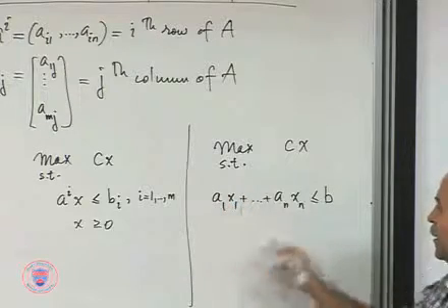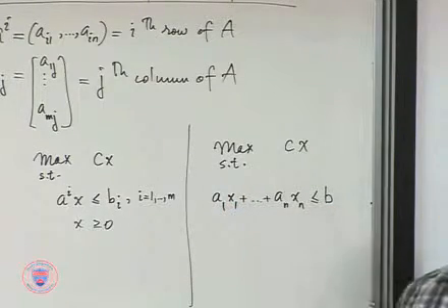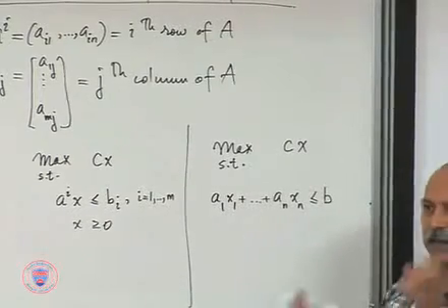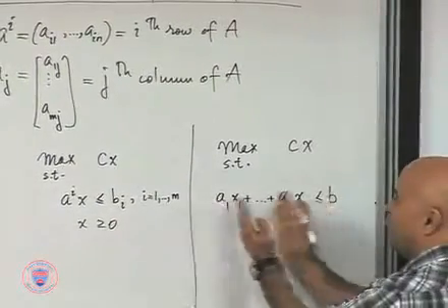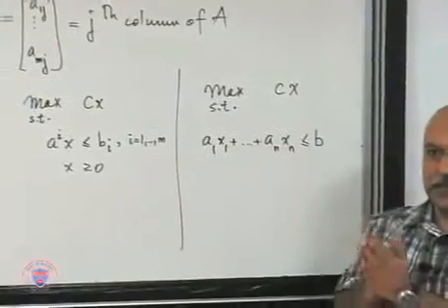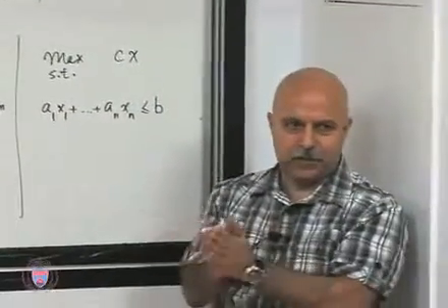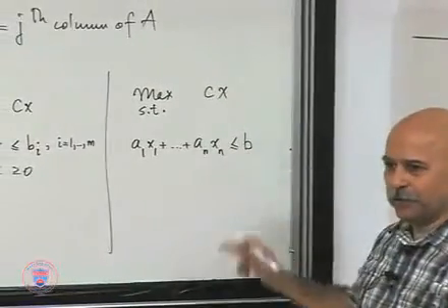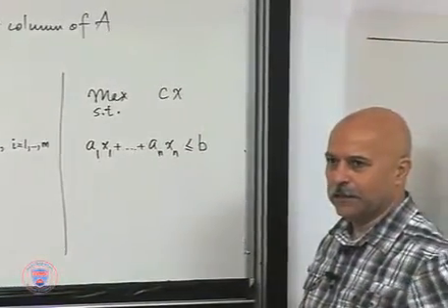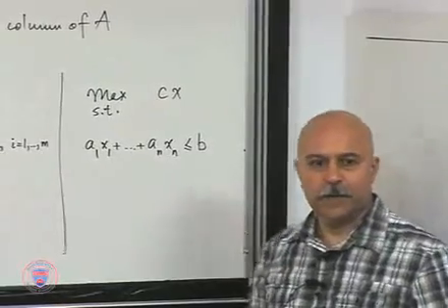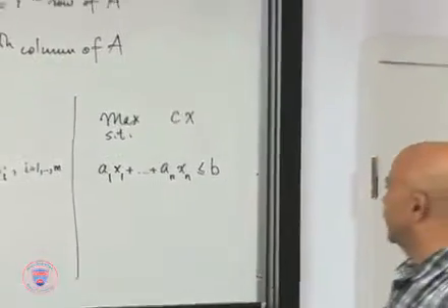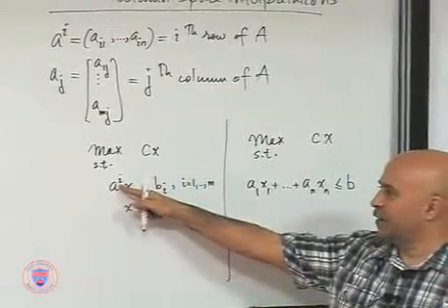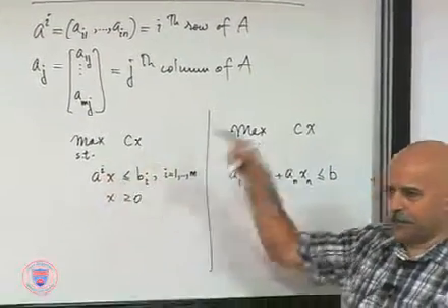Because you've got columns of the same dimension as B on the left side. You have a column times a number plus another column times a number. So when you add these up on the left side, you get a column vector, which is the addition of all these individual columns. On the right side, of course, you've got the same dimensional column. No, these are columns. In this one, it's a superscript because it's a row.